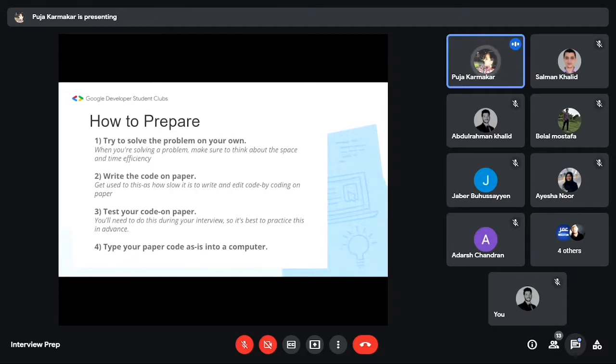I understand that when you write code on your laptop, you get the luxury of syntax error highlighting, code completion, quick debugging. But when you are in an interview, I understand that writing code is a slow process.